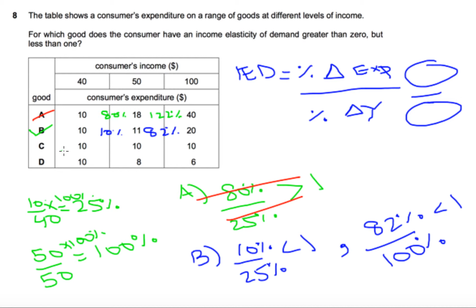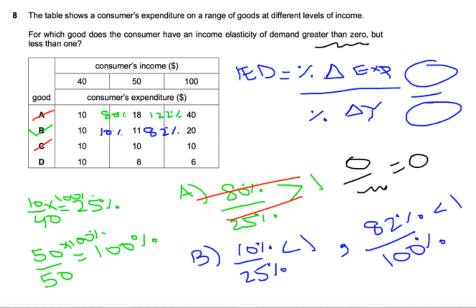In option C, there is no change in the consumer's expenditure, which means that the numerator would be 0. And whatever we divide that by, the answer is going to be 0. And here it has to be greater than 0, so we can cross out option C as well. And in option D, there's actually a negative change in the consumer's expenditure.